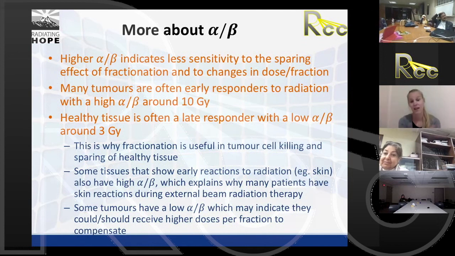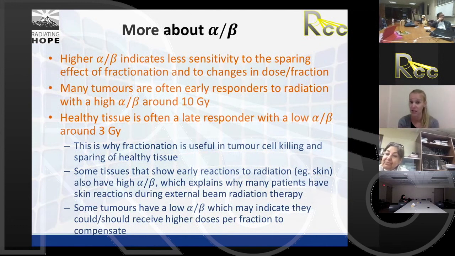The converse of that is that we have some tumours that have a low alpha-beta ratio, and one of those is prostate. The alpha-beta ratio for prostate cancer has been in debate for quite a few decades now. The original thinking was that prostate cancer had an alpha-beta ratio of 10 gray. The thinking these days is it's sitting more around 3 to 4.